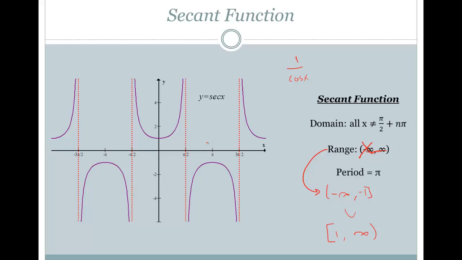So there's no way to get a value like 0.5 or 1/2. Okay, so here is my domain, and my period again is actually, whoops, it's 2 pi. Because going from here to here is 1 cycle, and that's 2 pi right there. Okay, hopefully that makes sense to you guys.